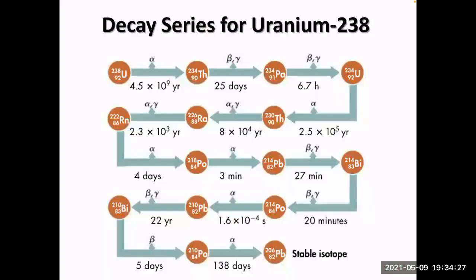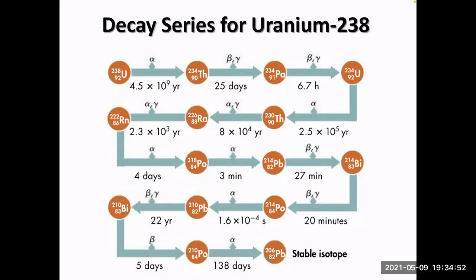All right, so this is just showing you the decay series for uranium-238. The first set of decays it goes through is alpha, and then it turns into thorium. Thorium then goes through beta and gamma, which turns into, what is Pa? I don't see it. Must be a new one.